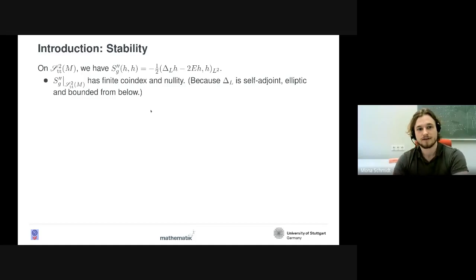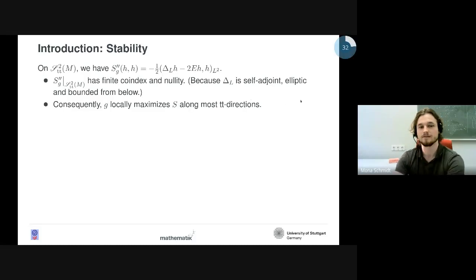What we know is that this second variation on the space of TT tensors has finite co-index and nullity, meaning that the set of directions where the second variation is positive or 0 is finite dimensional. This follows from the properties of this Lichnerowicz Laplacian.